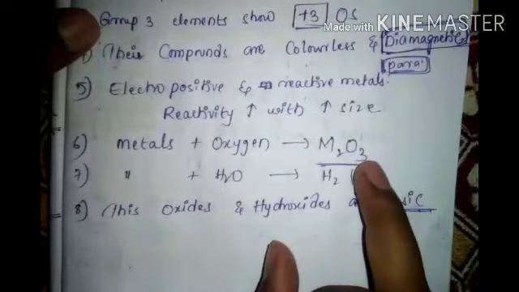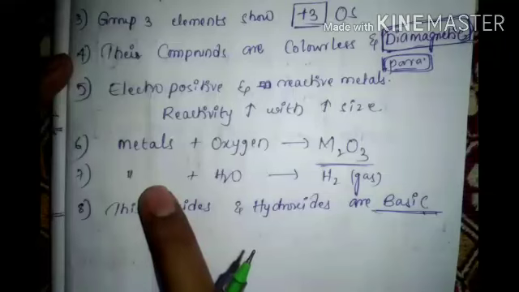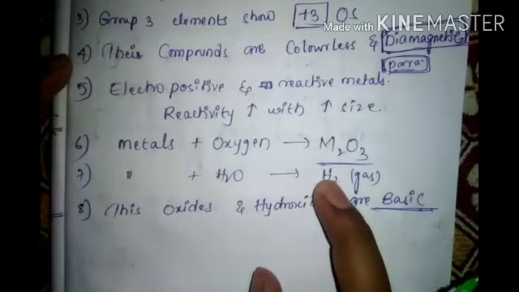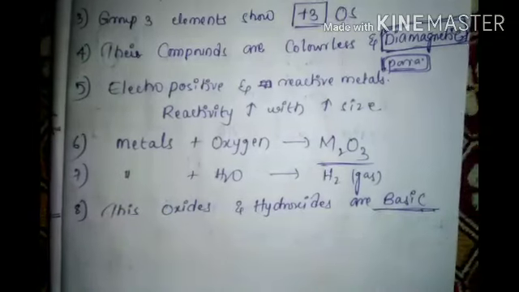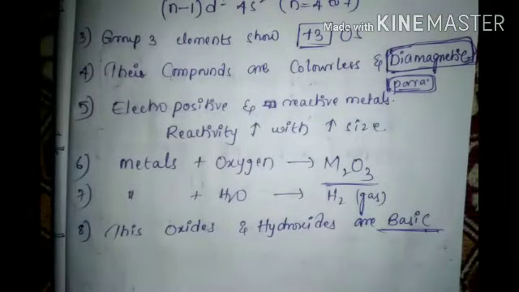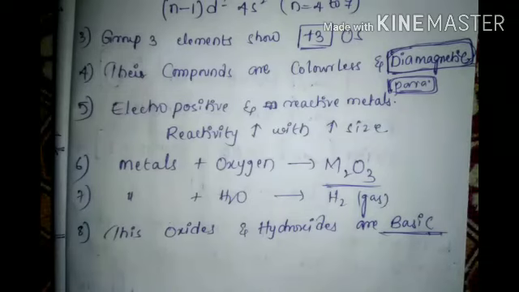Metals react with oxygen, M2O3 will come, and these metals react with water, it gives H2 gas, and these oxides and hydroxides are basic in nature. These last 3-4 points, points 5, 6, 7, 8, are very, very important. These are about group 3 only.